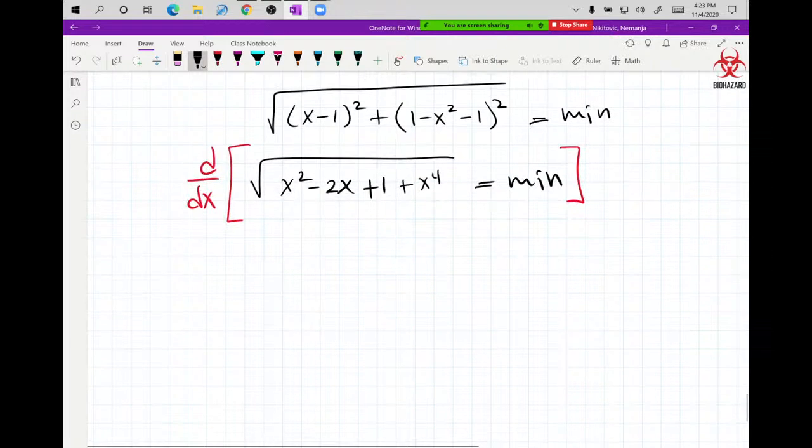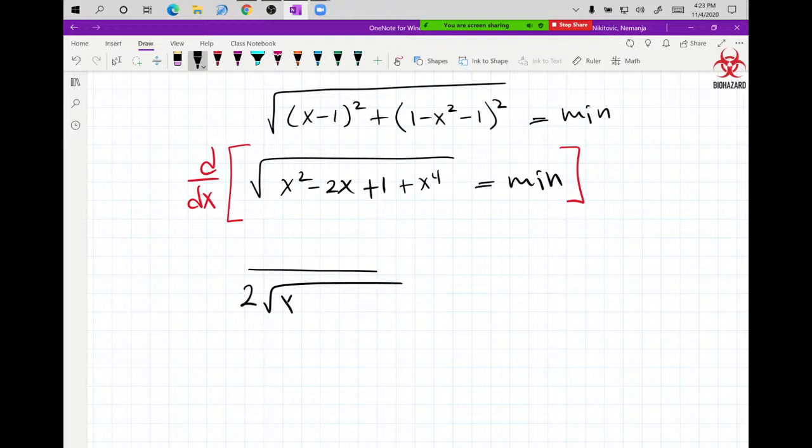And here we go. The derivative of the square root is 1 over 2 times the same square root. Now I'm going to put this in decreasing order of powers. And remember, I have to put its derivative on top. So 4x cubed plus 2x minus 2 equals a big fat 0.